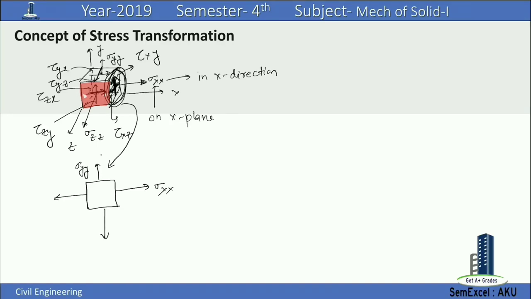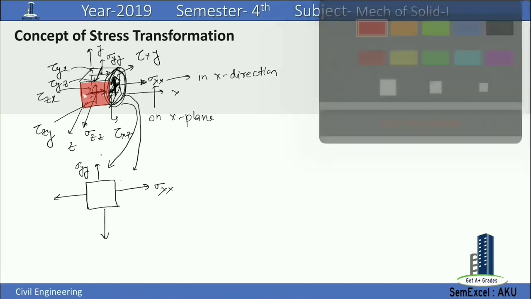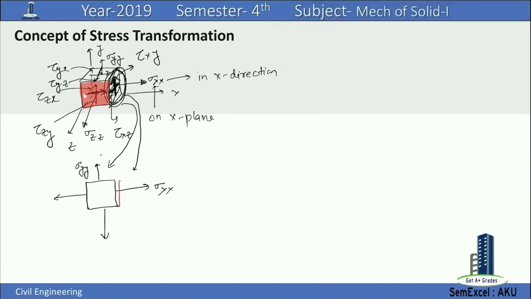Again, we also have to denote the shear stress like this. This is known as the shear stress tau xy. So we have converted the 3D stress system into a 2D stress system only if the shear stresses tau zy and tau zx are 0 and only sigma xx, sigma yy and tau xy are present.